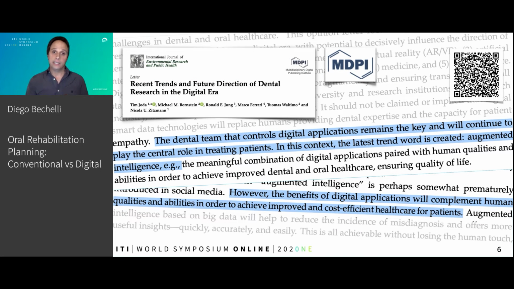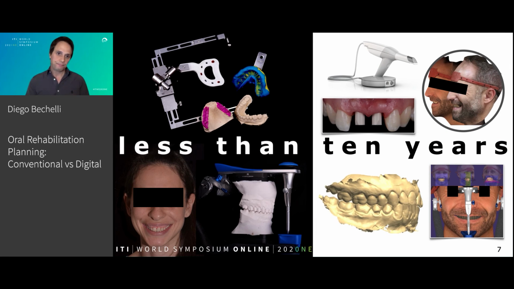But fortunately, there are some positive thinking in this way. For example, this publication from Basel University, where we can see the importance of knowledge, education, and abilities that still make the difference in this concept of augmented intelligence.